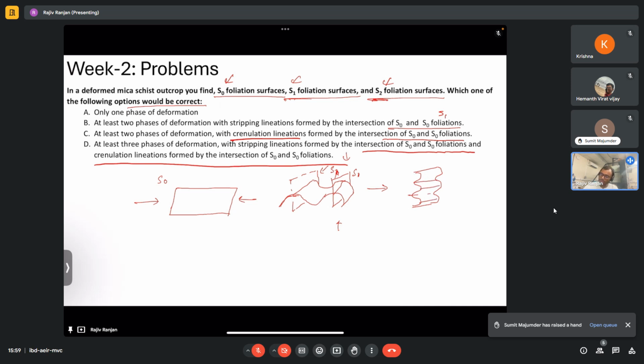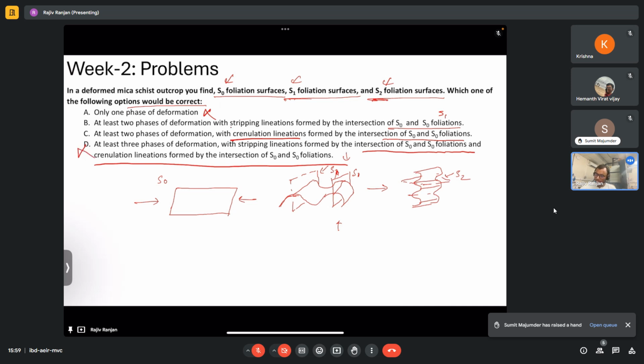So this will give us another set of axial planar cleavage, and this will be S2. So if you are seeing S0 foliation, S1 foliation, S2 foliation, that means there are at least two phases of deformation. So option A is wrong, option D is wrong.